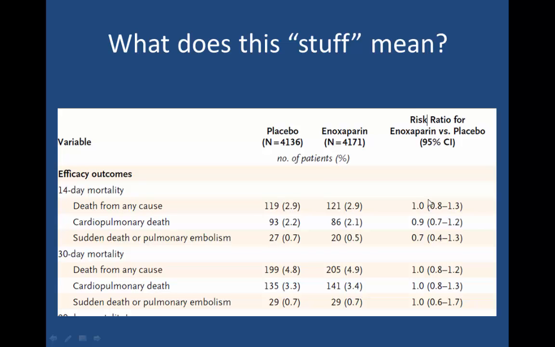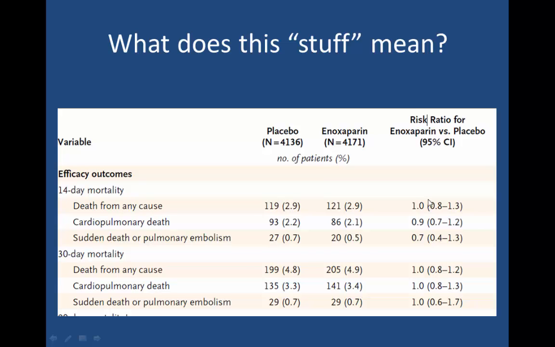It was 0.6% lower that you would die, or lower risk of sudden death or pulmonary embolism compared to the placebo group, or your risk was 0.3% higher. So I know that can be really confusing. Here's what you have to do with these numbers. If we're dealing with risk ratios, the line of no effect is 1.